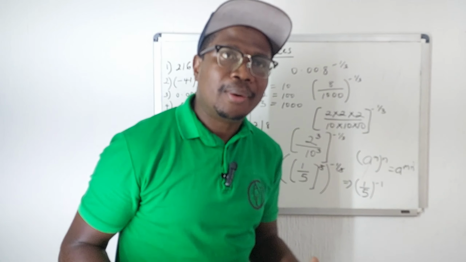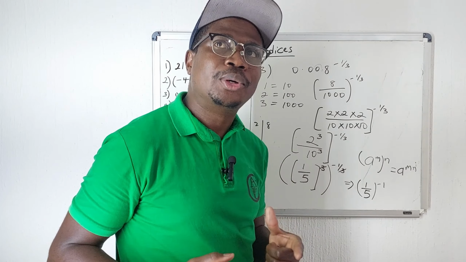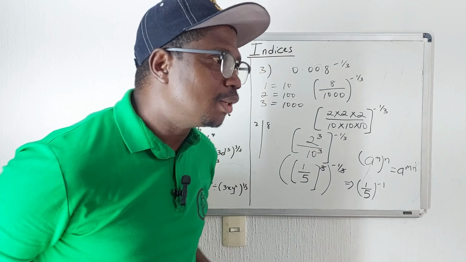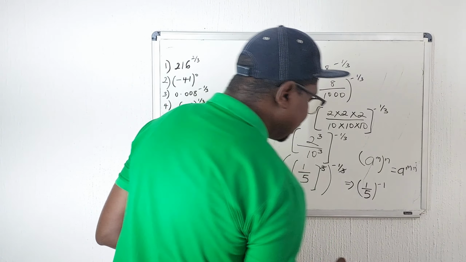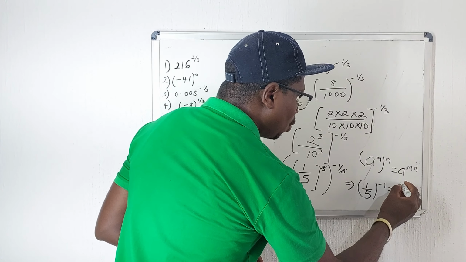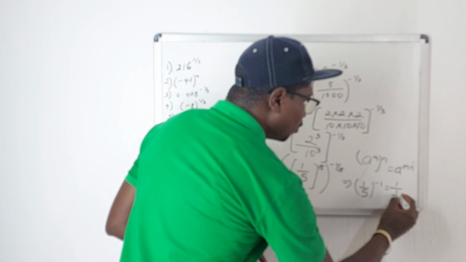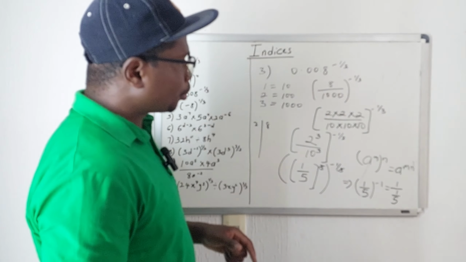Now, you remember our negative index law, which is the fifth law. When we have something like this, we say 1 over 1 over 5.